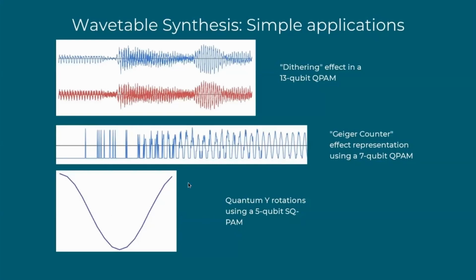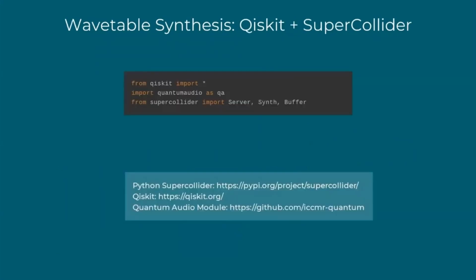This will be available later, so you can see all of the examples. And this was synthesized using a Python SuperCollider module, which can connect this with SuperCollider. And then I just implemented the wavetable synthesizer there and sent the results from Qiskit to SuperCollider.